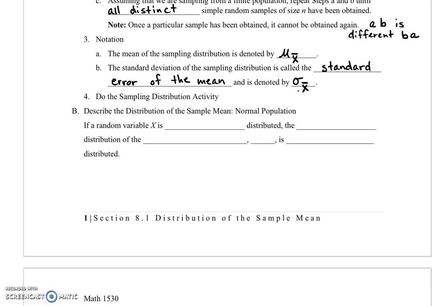So the subscript just tells us that our mean is for a sampling distribution of the mean, and that our standard deviation is the standard deviation for the sampling distribution of the mean.